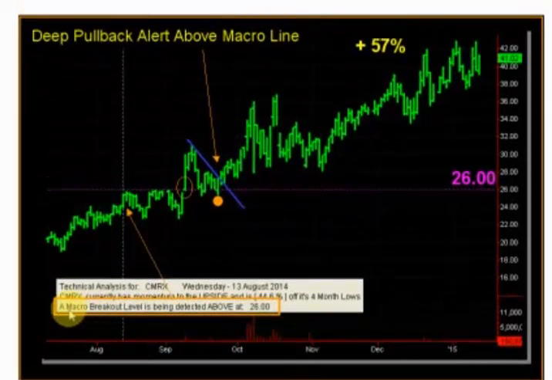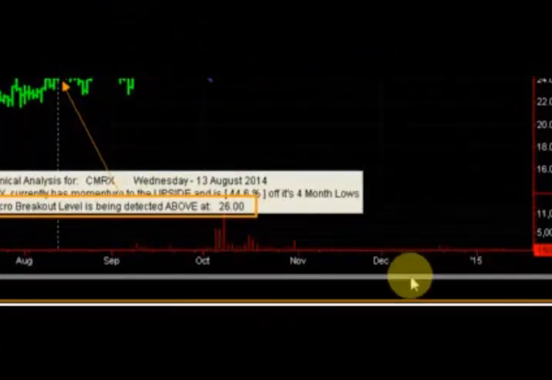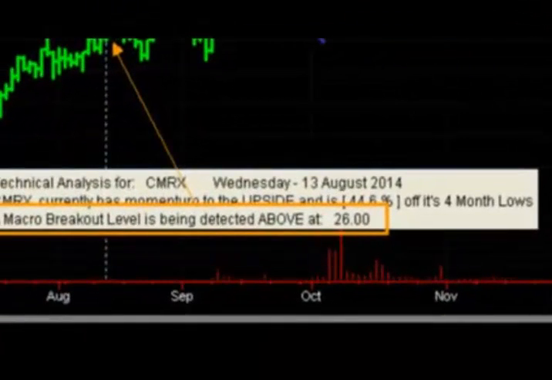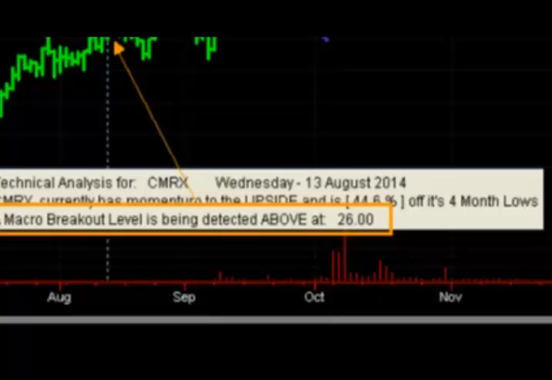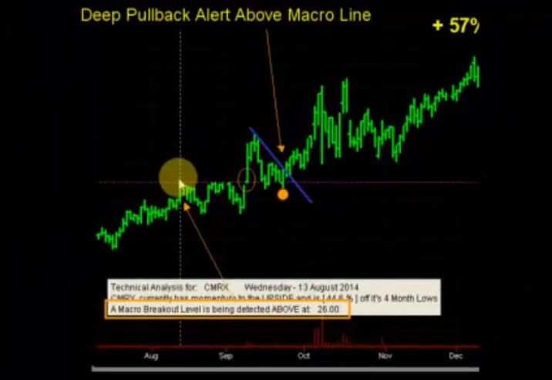Okay, so here was a macro breakout. I don't know how clearly you can see it. Let me zoom in a little bit, and that'll help. Okay, so back on August 13th of 2014, right here, a macro breakout level was detected.